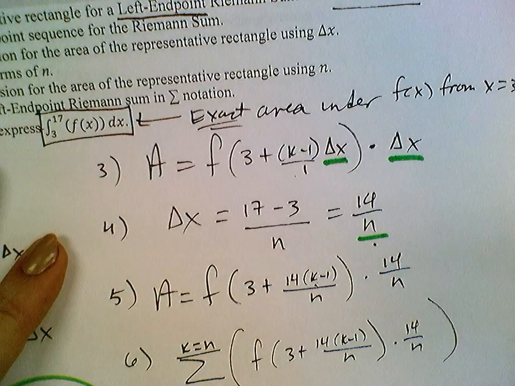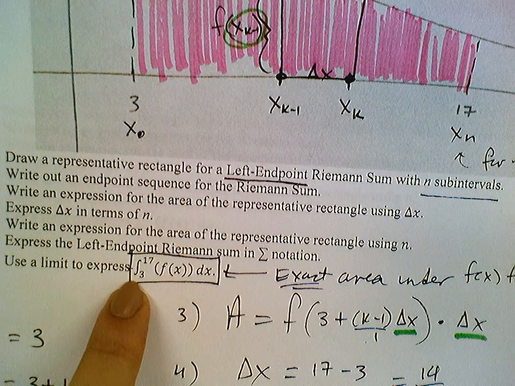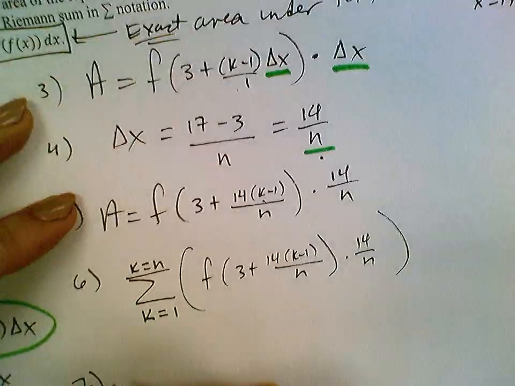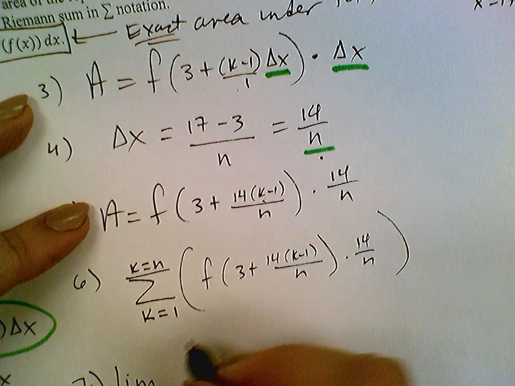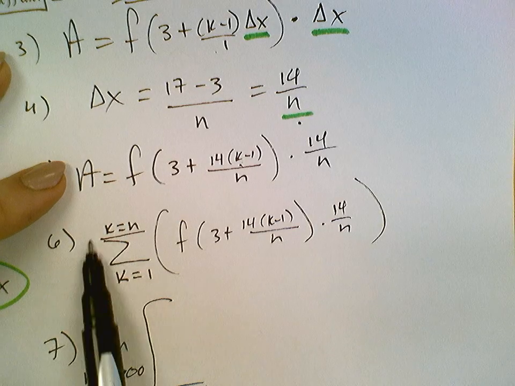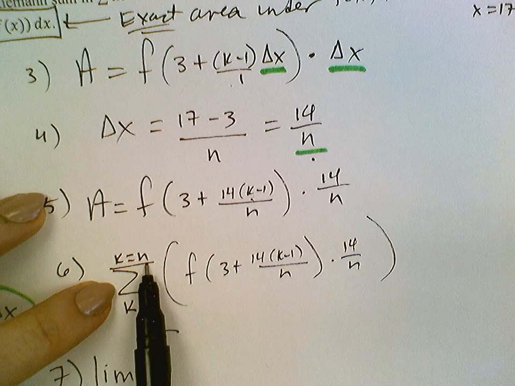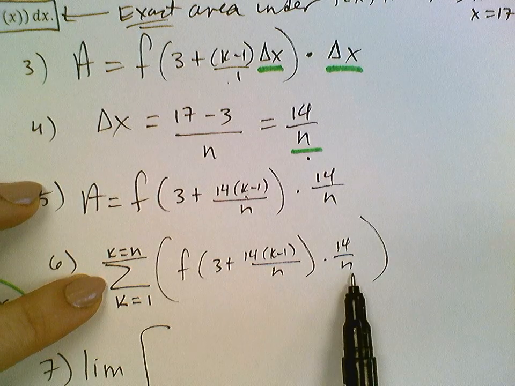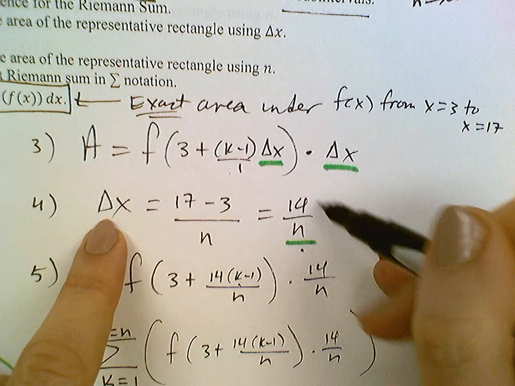So for 7, the exact area, this is notation for the exact area. It is the limit as n approaches infinity of this sum. So n is going to infinity. And guys, if n is going to infinity, delta x is going to 0.